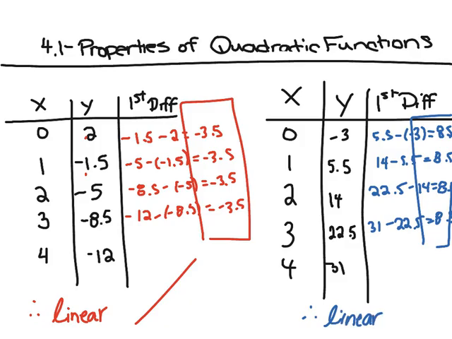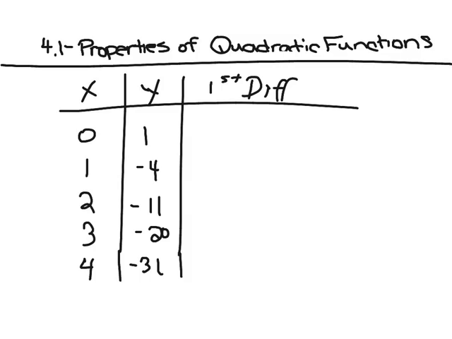If you go to page 255 in your text, we'll do that one as well. So for this one, we have -4 minus 1 equals -5. -11 minus 4 is equal to minus minus 4, there we go, is equal to negative 7.